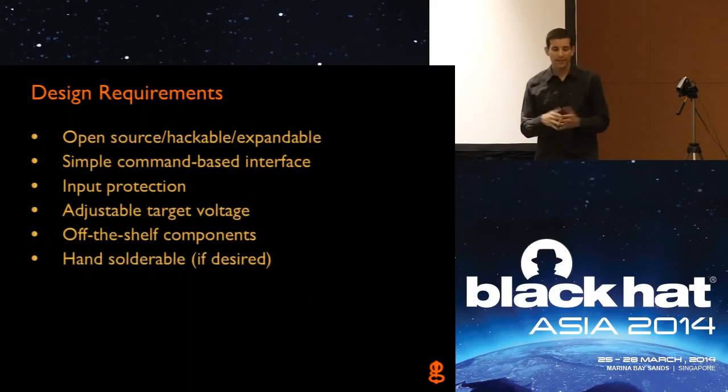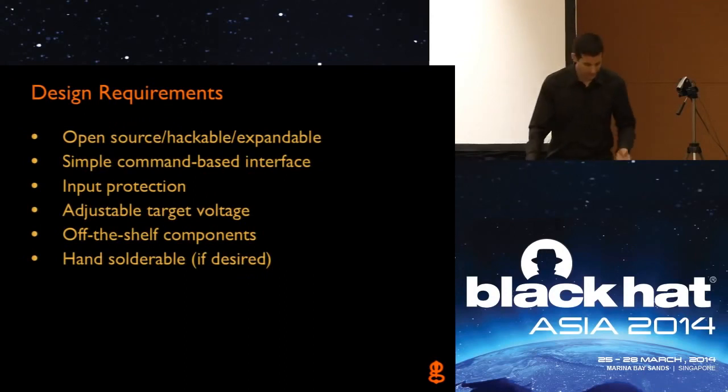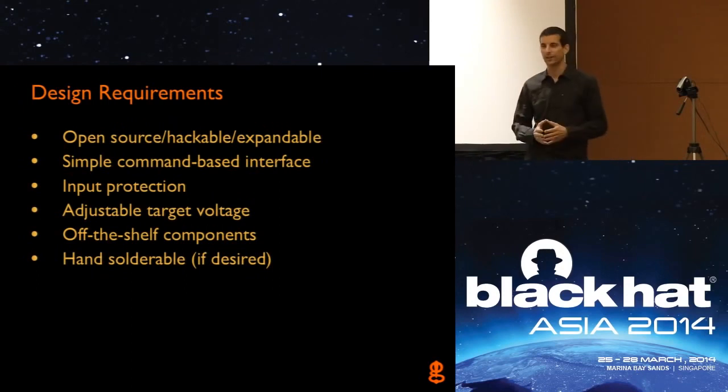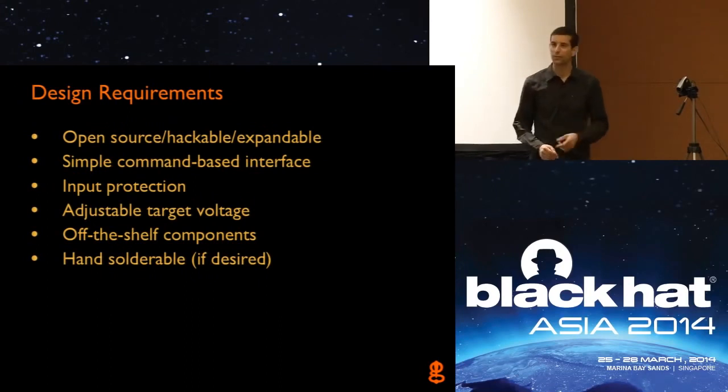Adjustable target voltage: lots of different systems have different system voltage levels. So things like, say, the DEF CON badge that I have here that I'll show a demo of, that runs on a CR2032, a 3-volt lithium coin cell. So that's a 3-volt system. Mobile phones maybe are 2.6 volts or 1.8 volts. Maybe they're getting even lower now.